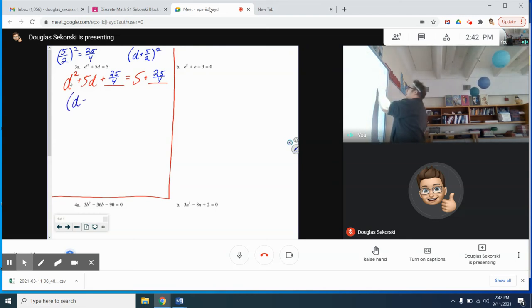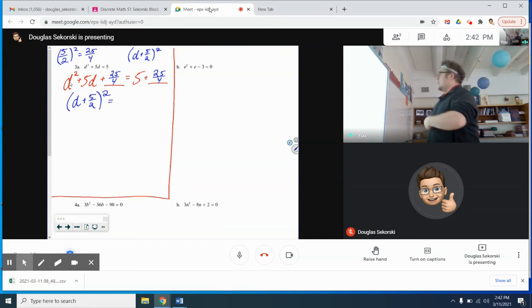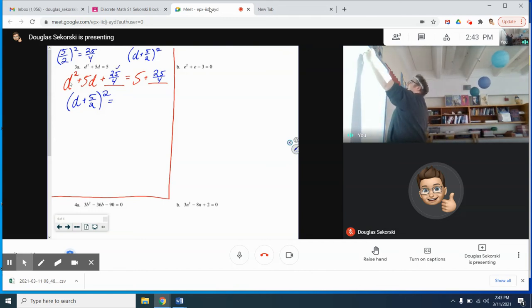It might not be perfectly comfortable at the moment to write that binomial squared and really feel like you know that's true. But if you need to, do that on the side and FOIL that out so you convince yourself, okay? We've maintained equality because we added both of these in. And I'm going to make 5 have a denominator of 4, so we would need to multiply that by 4 over 4.